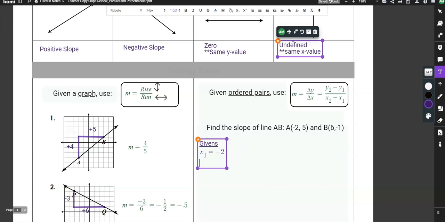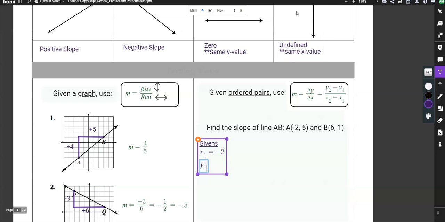In this instance, they gave me point A first, so I'm going to use point A as my point 1. So my x1 is negative 2, and my y1 is positive 5. Therefore, my x2 is going to be 6, and my y2 is going to be negative 1.